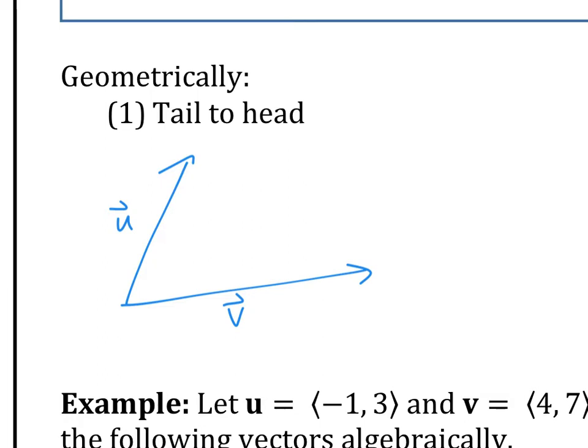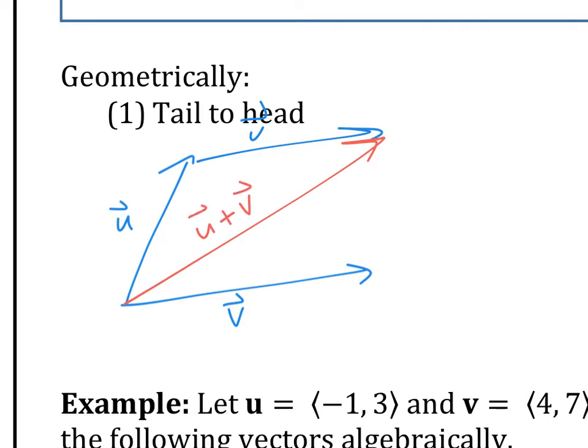Okay, so we actually move it here and then draw a line from the tail to the head. So this is u plus v. This is the first method. It's called the tail to head method.